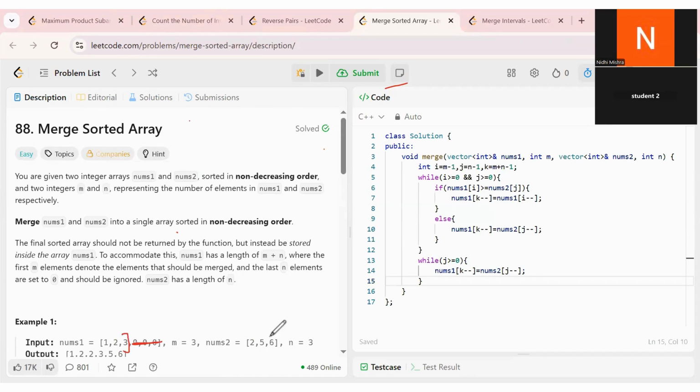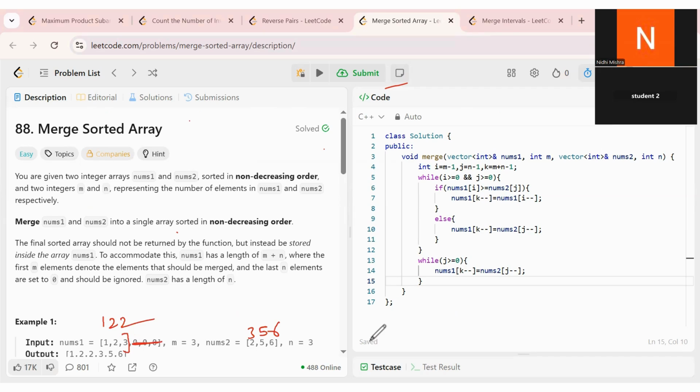Only the array is still this, and this is still this. You want to sort both. So what should be the answer here? 1, 2, 2 here, and 3, 5, 6 here. This is what we have to achieve.